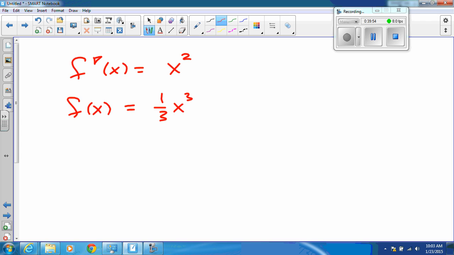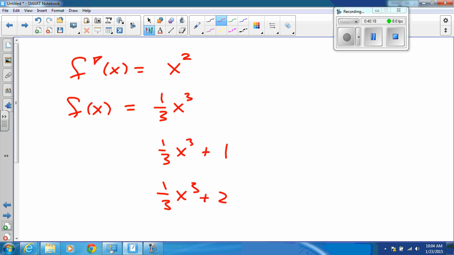Do you have a different function? Same one. Does anybody have a different one? 1/3 x cubed plus 1. Let's check it. Does that work? Yes. Does anybody have a different one? 1/3 x cubed plus 2. All right. Okay. Does anybody have a different one?